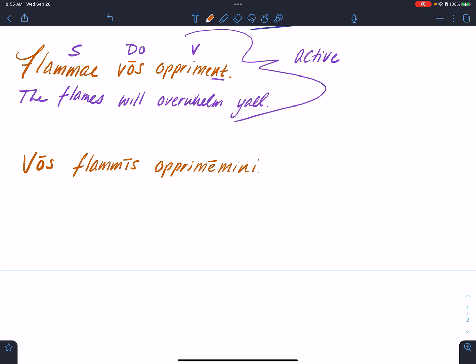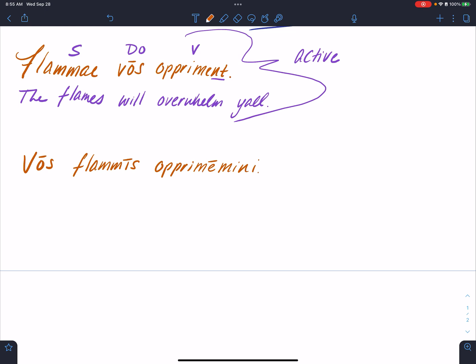Okay, now based on what we know about Latin word order, and based on kind of how these sentences have been going, pattern recognition, what's my verb here? Yeah, don't be shy, say it. Just sound it out. Opprimemini. Say it, opprimemini.